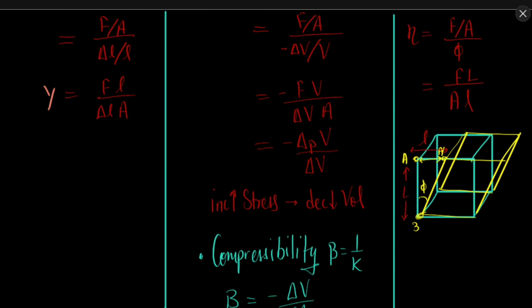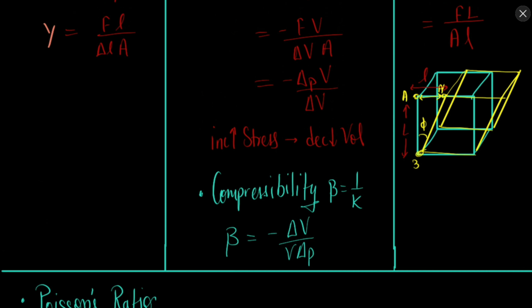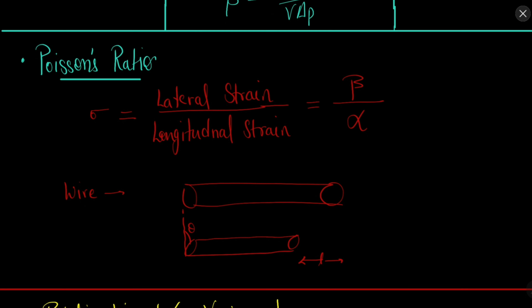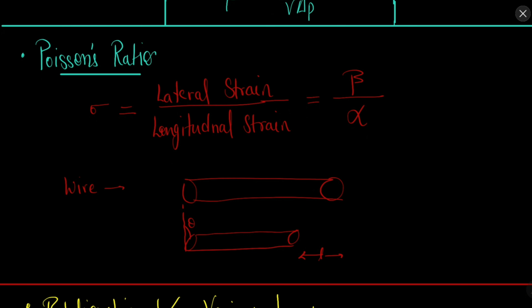Now there are a few relationships between all these things. This ratio is again a very important formula. This is the Poisson ratio. Poisson ratio is represented by sigma, equal to lateral strain upon longitudinal strain. What this says is, let's say we have a wire and we apply a force which expands the wire.